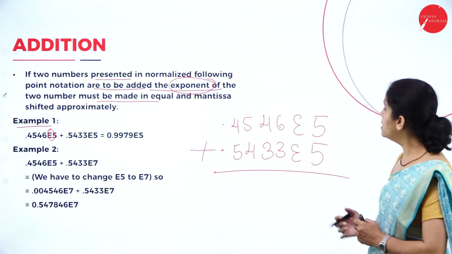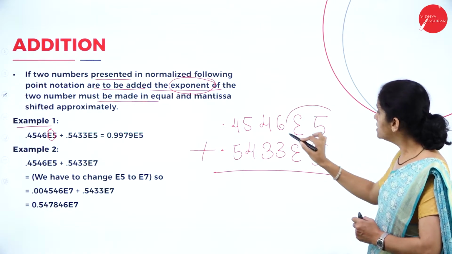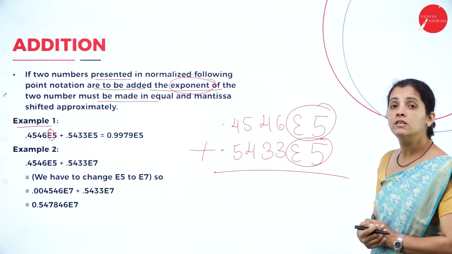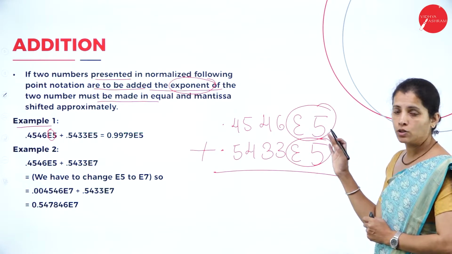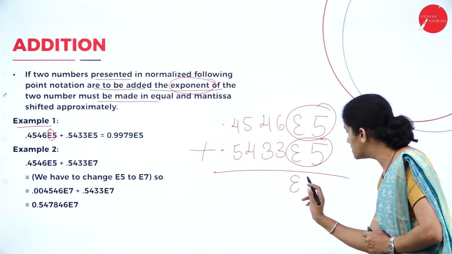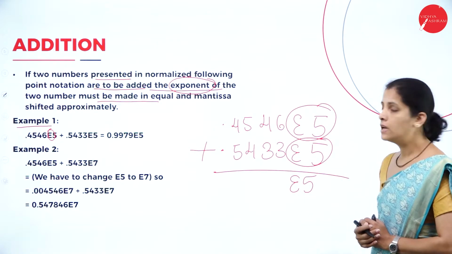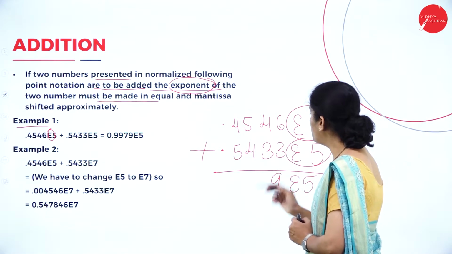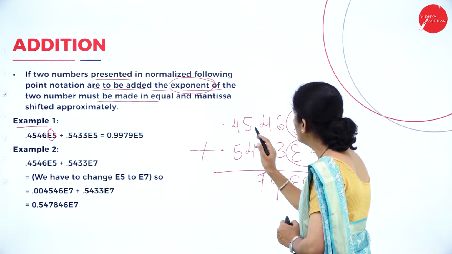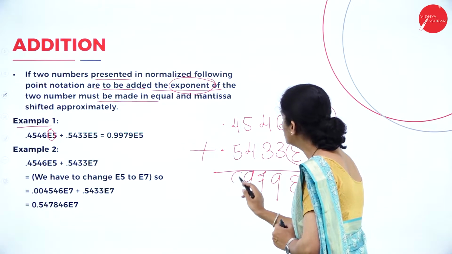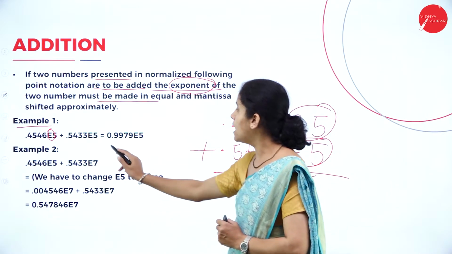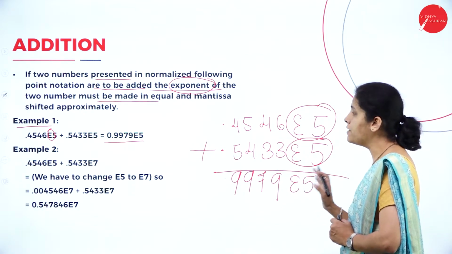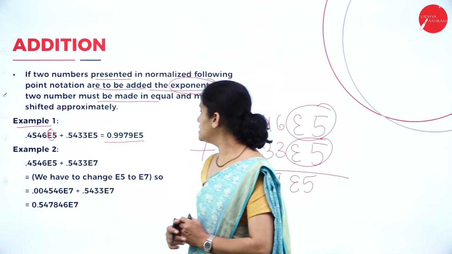What is the rule? First, I want to consider the exponent, and both numbers have the same exponent, so I'll write it as it is, E5. Now, 6 plus 3 is 9, 4 plus 3 is 7, 5 plus 4 is 9, and 9 dot. So what is the answer here? 0.9979 E5.